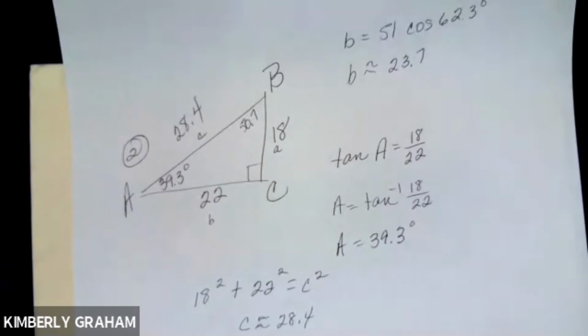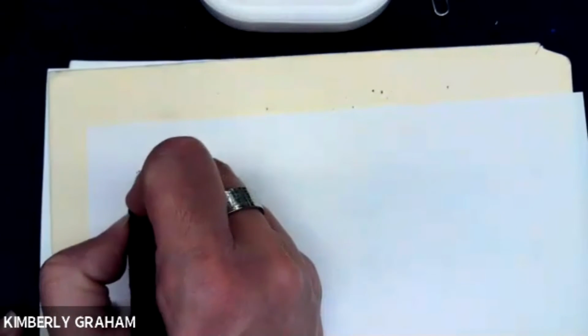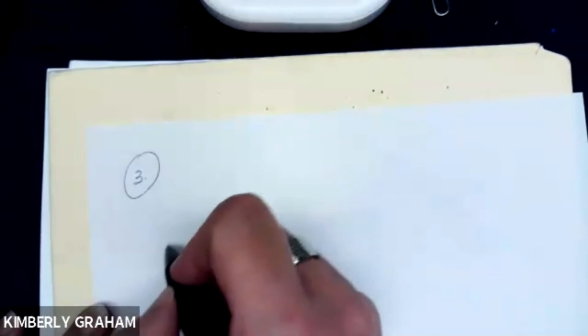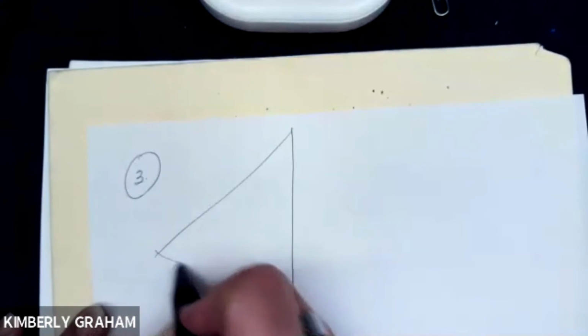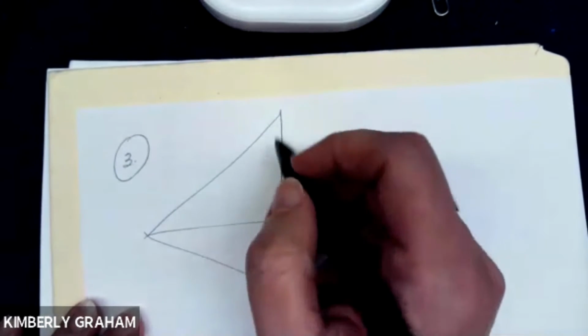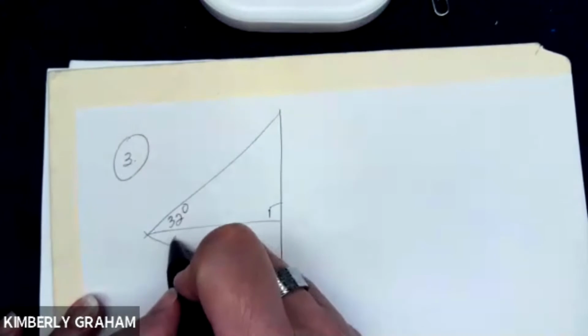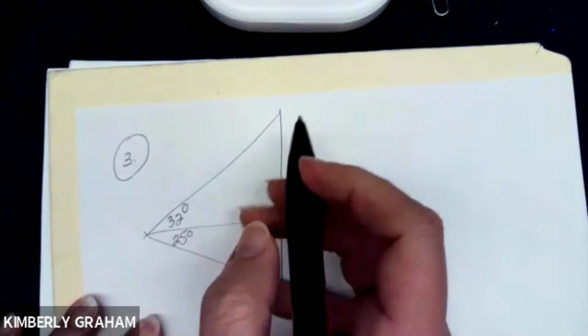Okay. You're going to be given some problems that are a little bit more involved. Draw this out. And here I'm told this angle is 32 degrees. This angle is 25 degrees.